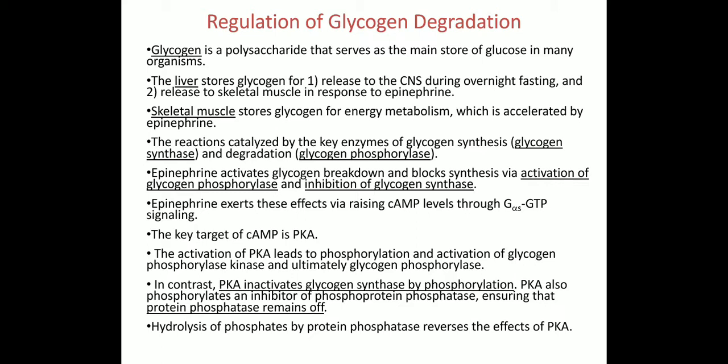Glycogen, which is a large glucose polymer and a storage form of glucose in animals, is synthesized by one set of enzymes and degraded by another set of enzymes.